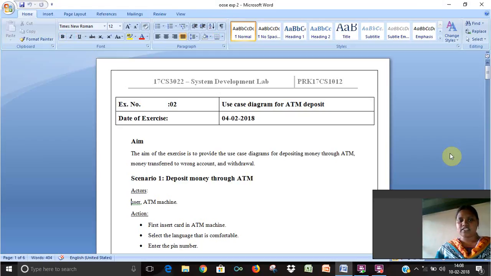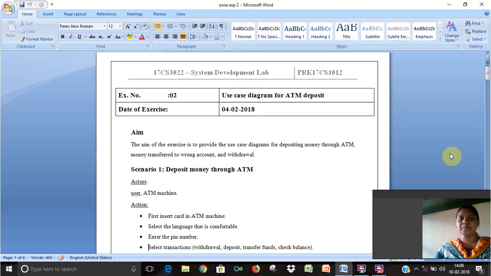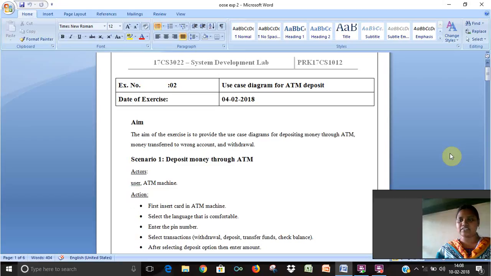The first action is we must insert a card, then it will detect that card and provide the option to select the language that we are comfortable with. Then we enter the PIN number, and then we select the transaction, that may be withdrawal, deposit, transfer funds or check balance. The main scenario is based on deposit money through ATM.